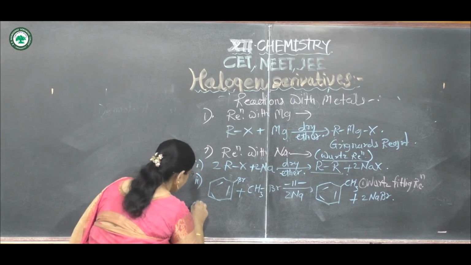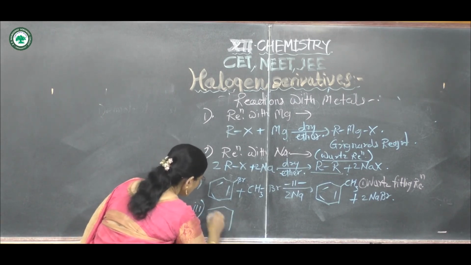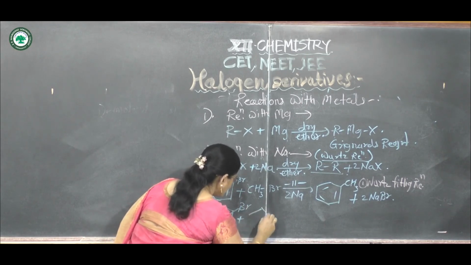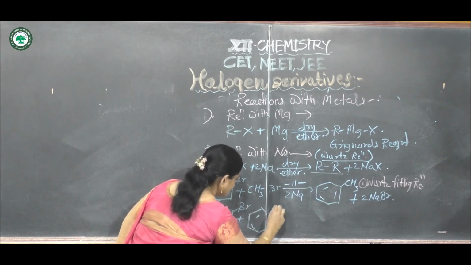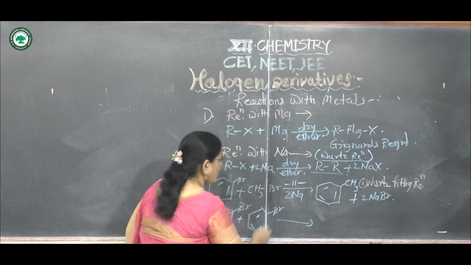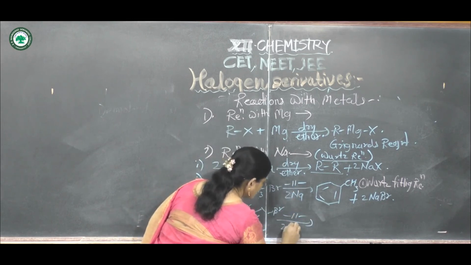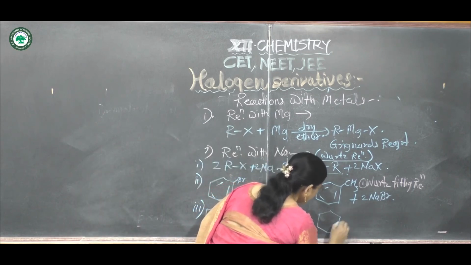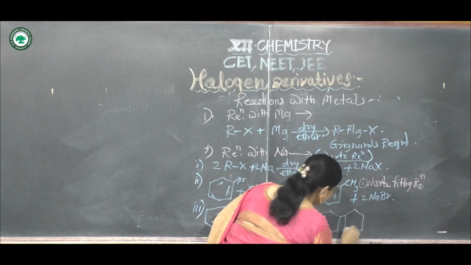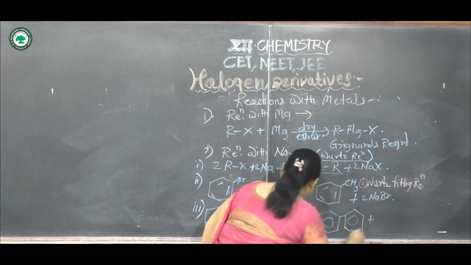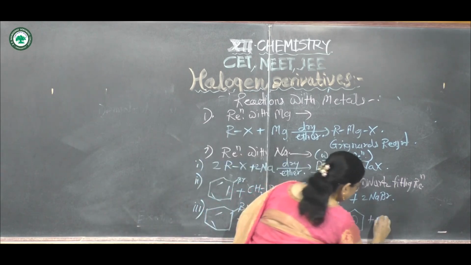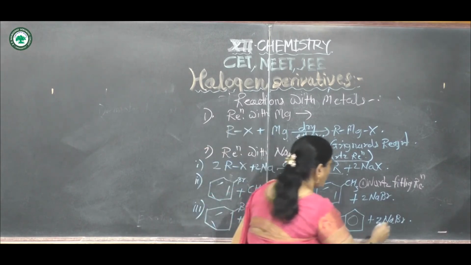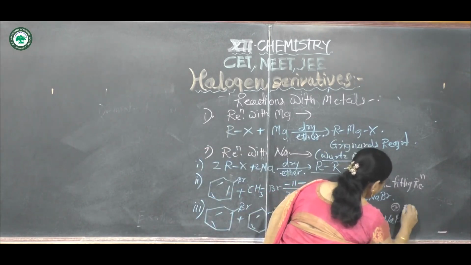Then the third reaction: suppose two aryl halides react, again in presence of dry ether and sodium. Then it gives a diaryl compound plus twice NaBr, and this reaction is simply called the Fittig reaction.